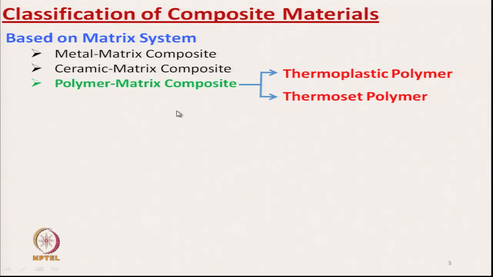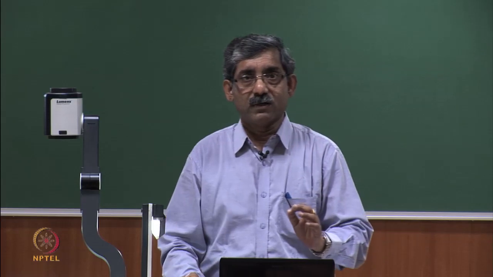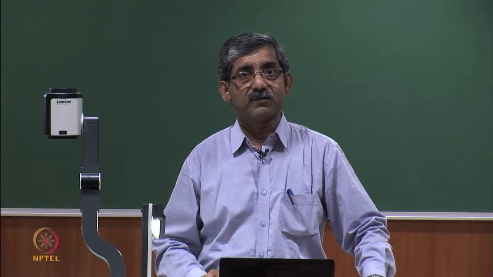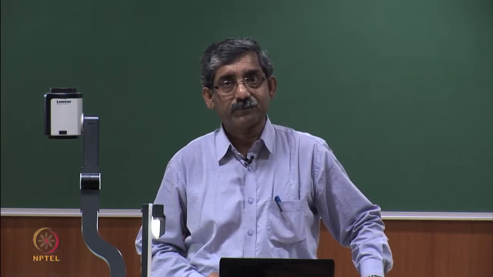The matrix used in composites is basically of three types. First is metal matrix composite, next is ceramic matrix composite, and third is polymer matrix composite. In our discussion, we will concentrate on evaluation of polymer matrix composite materials.